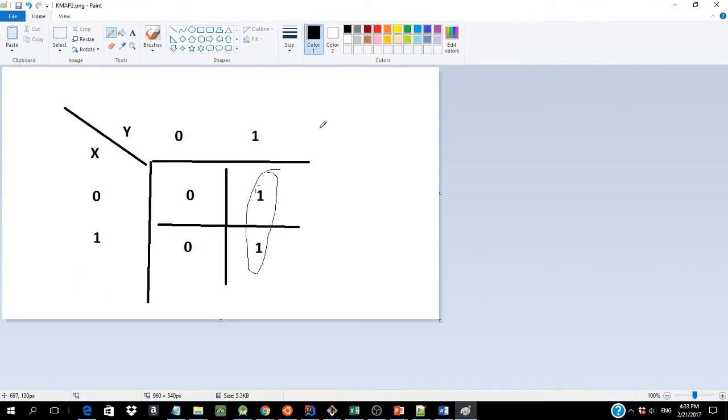Isn't it easy? Okay, let me repeat one more time. You have to find a group, and the group always has to be an even number. You cannot have a group of 1. That's not even, right? So that's why I have to have a group of 2. That's even. And after you have the group, then look at what is in common.